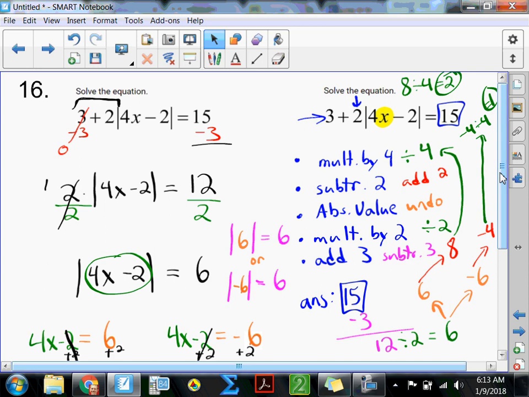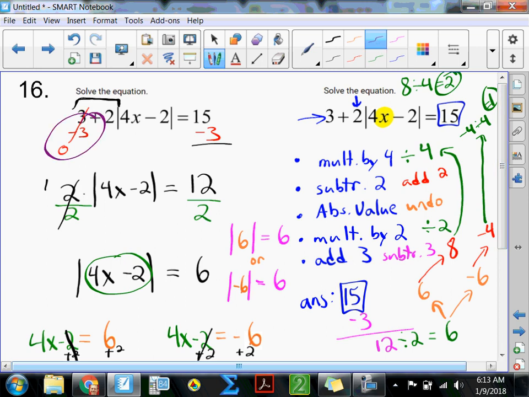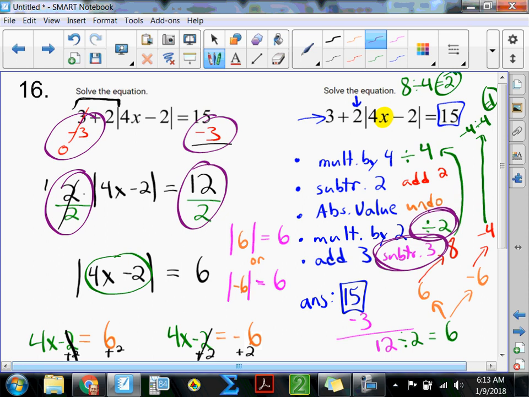On the first time we did the problem, I'm going to start circling some stuff in purple. The first thing I did right here is I subtracted 3 on both sides of the problem. That was the first thing I did in pink over here, subtract 3. The second thing I did on both sides of the problem, I divided by 2 the first time I did it, and then my divide by 2 is written down there as well.